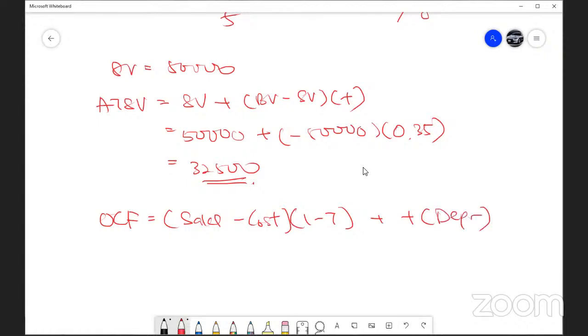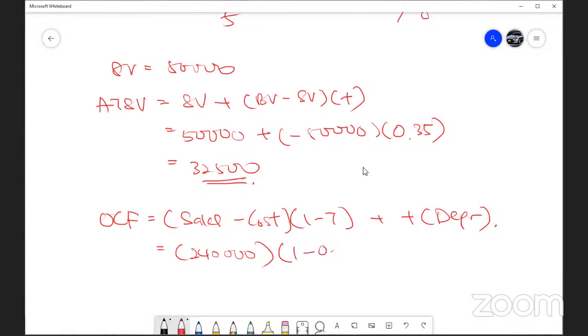Same old calculations. So the sales here, they are telling you $240,000. You will save $240,000 before taxes per year. They never tell you the costing, so it's basically $240,000.